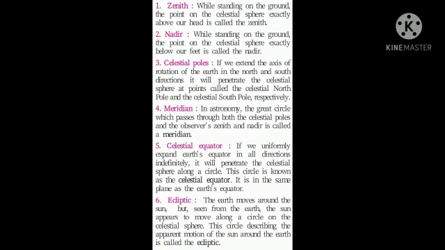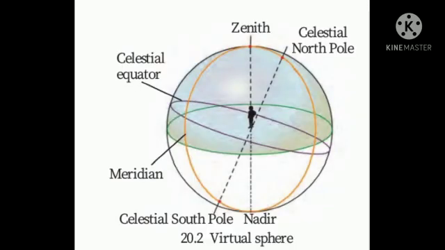Now we will see zenith. As we stand, the point on the celestial sphere exactly above the head is called the zenith. Next is nadir. The point on the celestial sphere exactly below our feet is called the nadir.